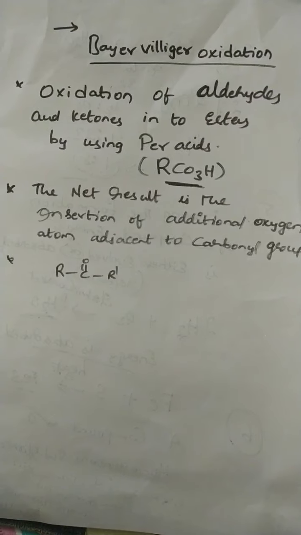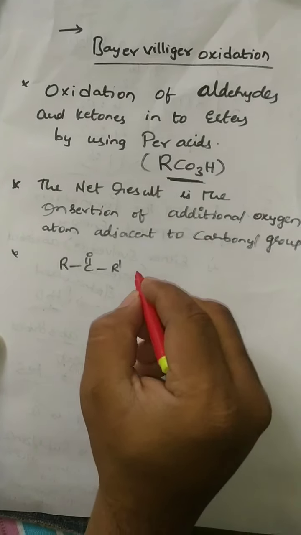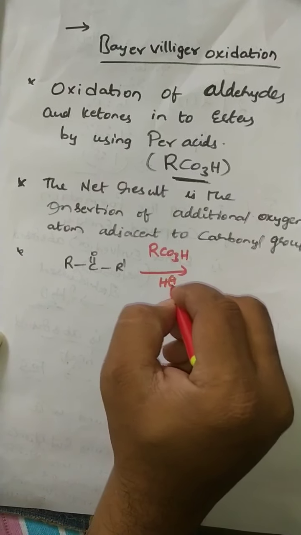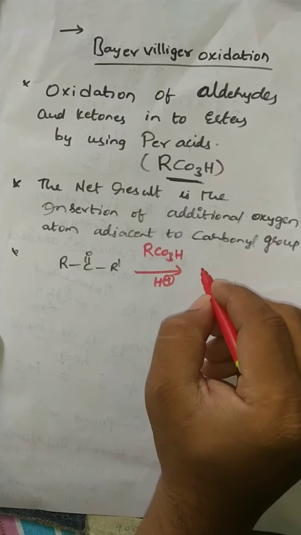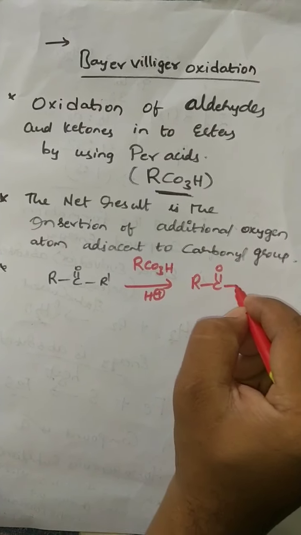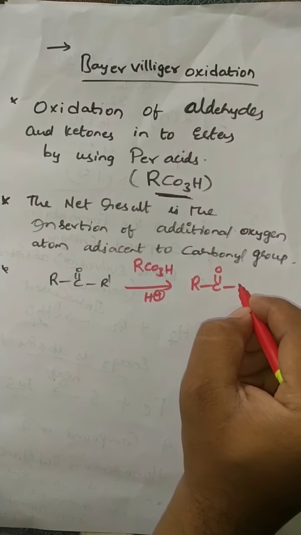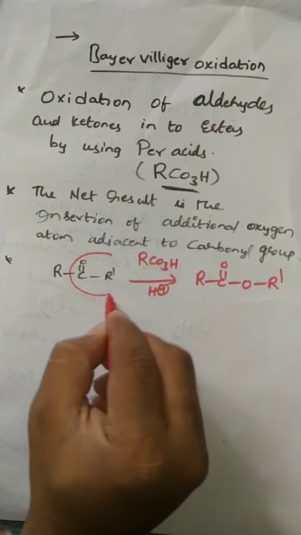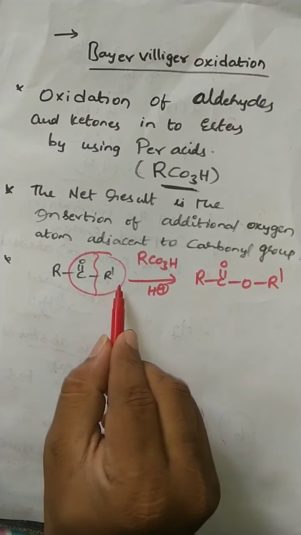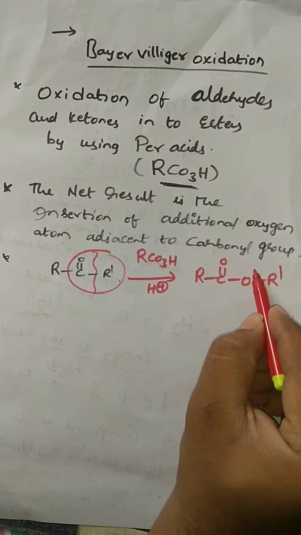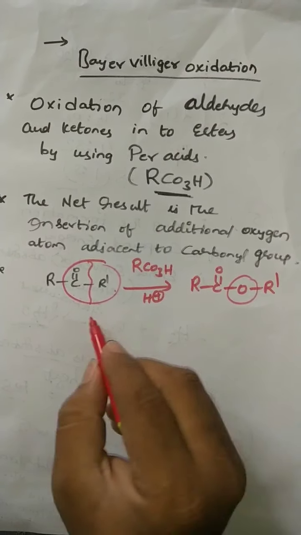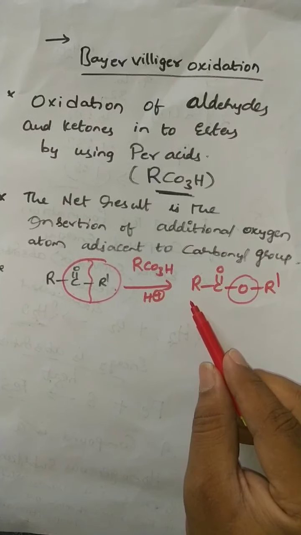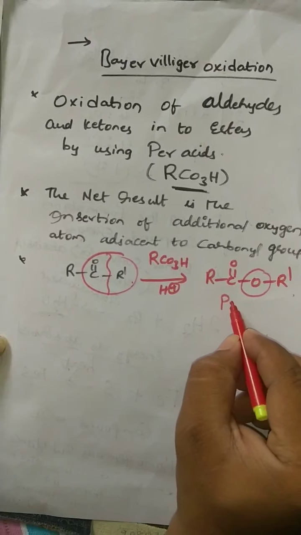Now this ketone, in the presence of a per acid, any per acid you can take, RCO3H, in the presence of acidic medium, an additional oxygen is inserted between the carbonyl group and the alkyl group. So RCOR dash turns into RCOOR dash.